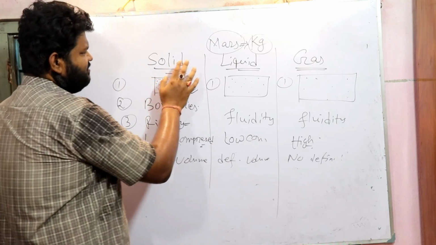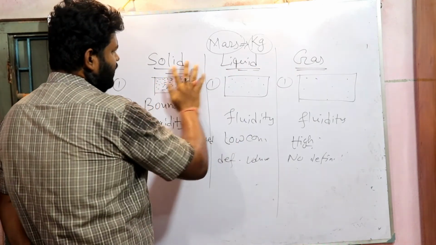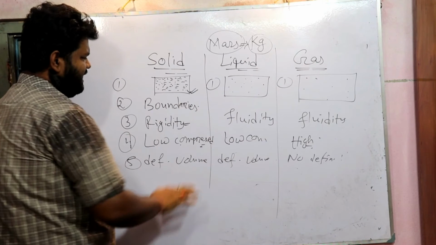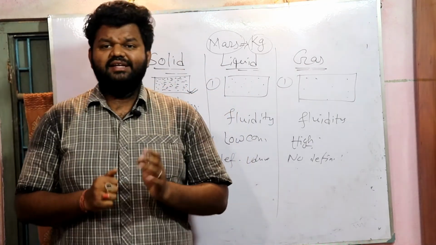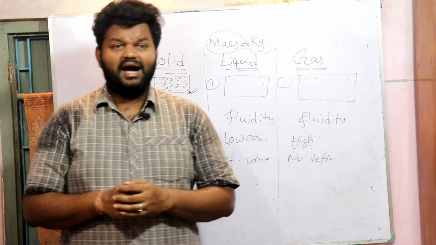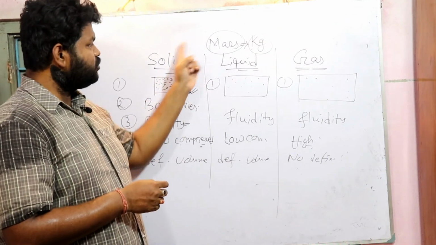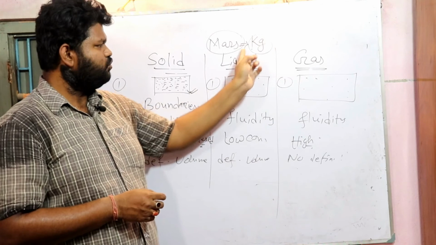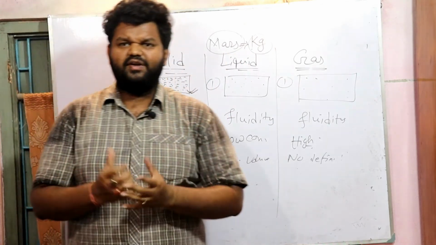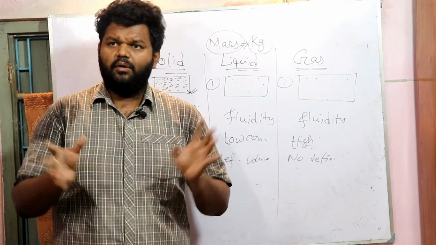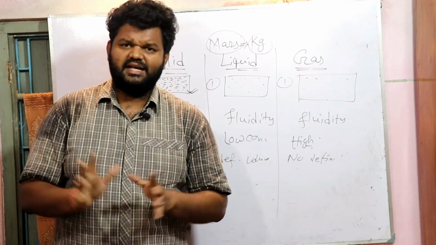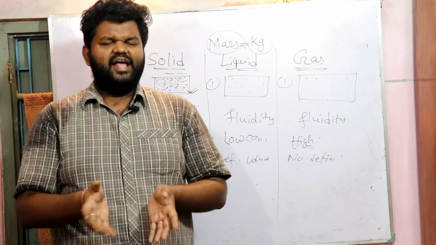We are considering 3 main types of matter: solid, liquid, and gas, and we have discussed their characteristics. This is the first video for you in this chapter. In the next video we will discuss how we can interchange solid to liquid, solid to gas, gas to liquid, liquid to solid. This type of conversion we will discuss in the next video.